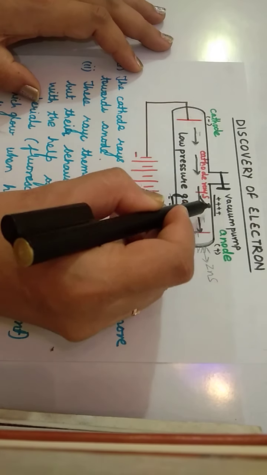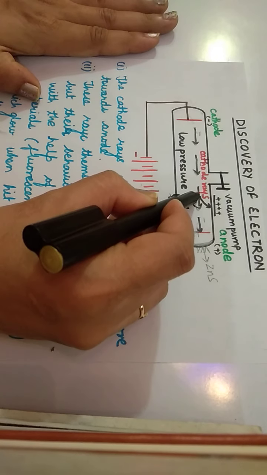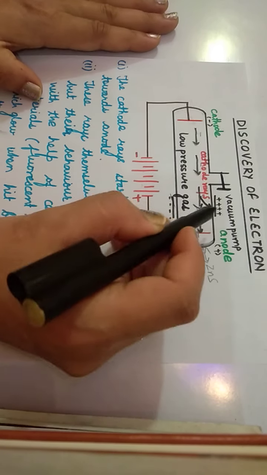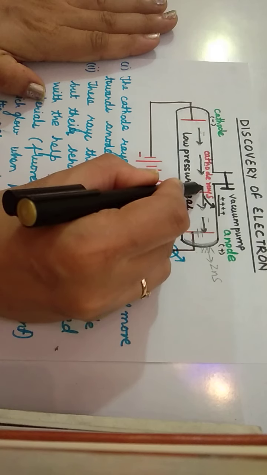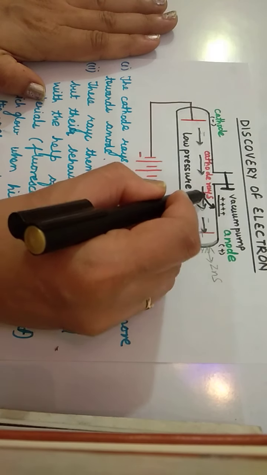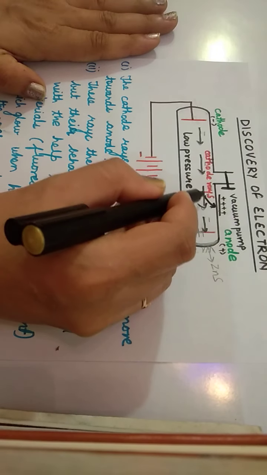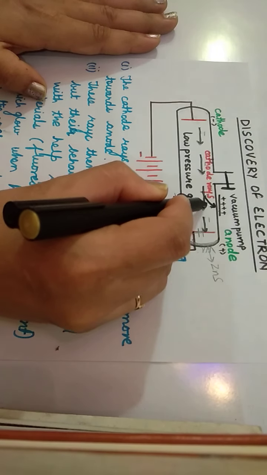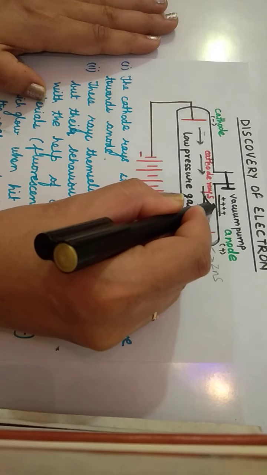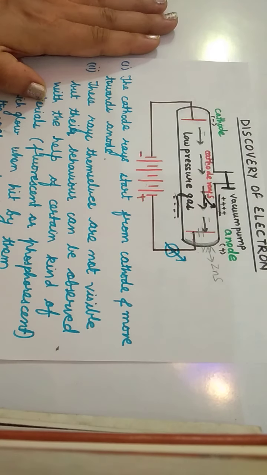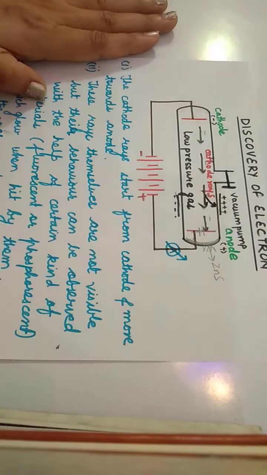But after putting them in the electrical field, there was a deflection seen, and this ray turned to this side. It bends towards the positive charge. It means it is negatively charged. That is why it gets attracted toward the positively charged electrical field.